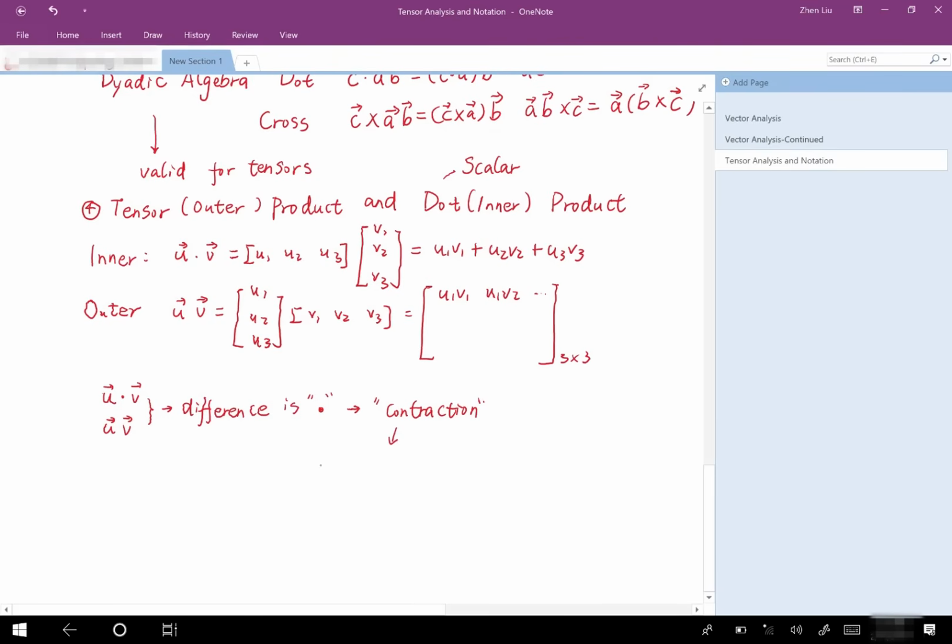If we have Mi and Nj, they are two sets of basic vectors. You can think about two Cartesian coordinate systems. At first, we put them together, which means we don't know the relationship between them. Then what the contraction does is that you say that these two are identical.